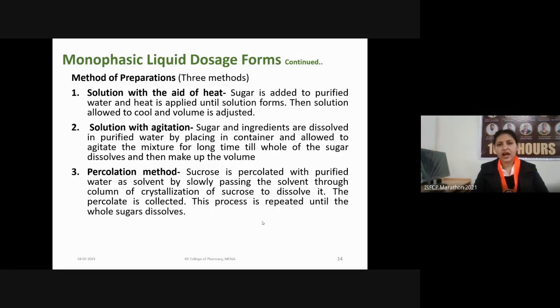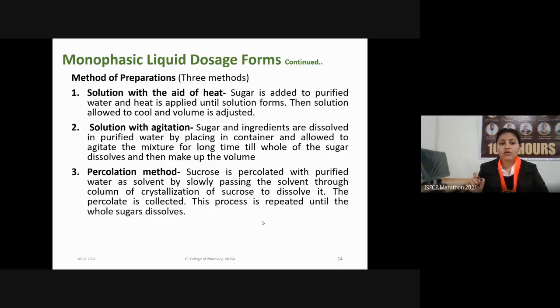Until the whole of the sugar has been dissolved in the water, we will have to heat that solution. Then we keep that solution aside for cooling, and after that the volume of that solution will be adjusted with the help of the vehicle that we are using.